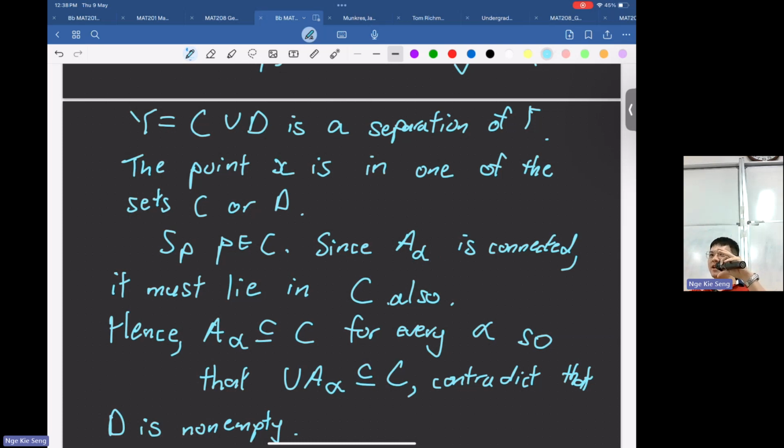But P is one point in A alpha. So you say P in D, P in C, contradiction. So my A alpha has to go to C also. By the same reasoning, all the A alpha have a point in common with this X, so they all have to go to C. Everything goes to C already, then D is nothing.